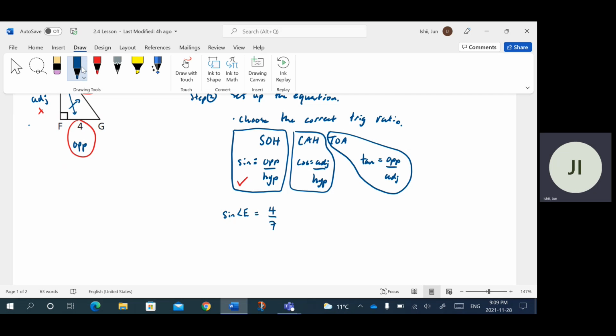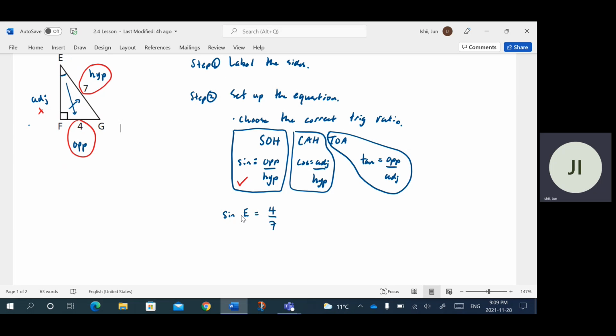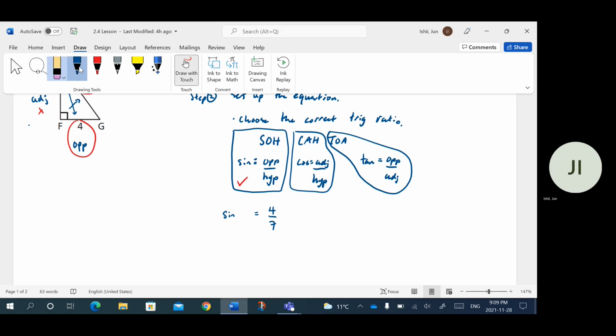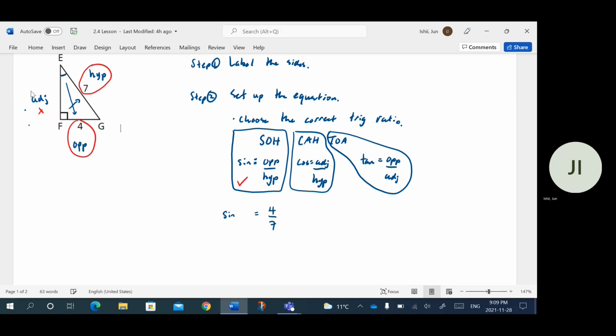It looks a little funny with the angle sign there, so I'm just going to write sine of E. I want to find angle E here, so I subbed in 4 for the opposite side and 7 for the hypotenuse.